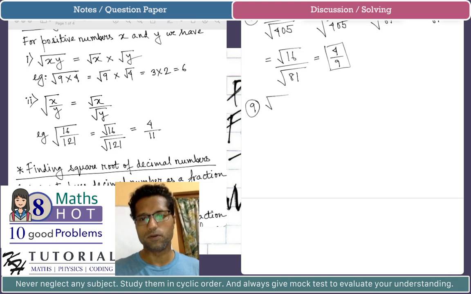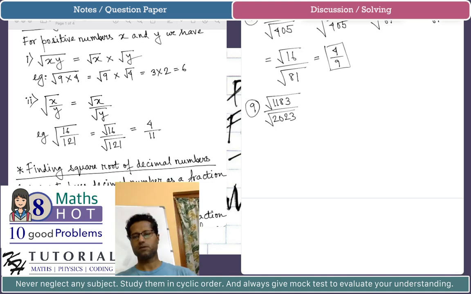It is given square root of 1183 divided by square root of 2023. Now we have studied at the very beginning, when we were discussing the properties of square numbers, that any square number cannot end with the digits 2, 3, 7 and 8.